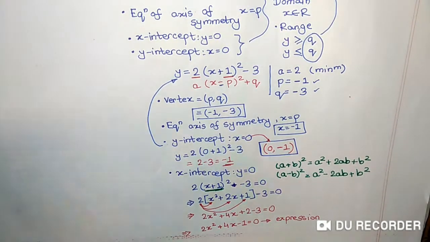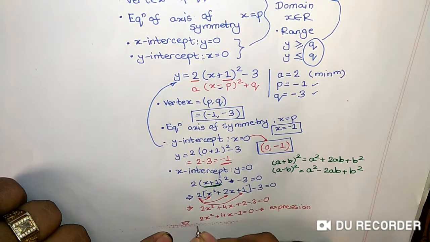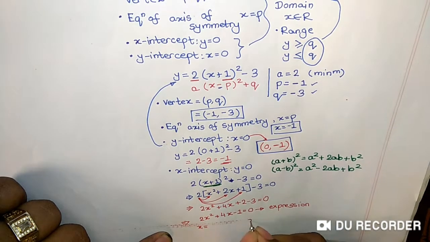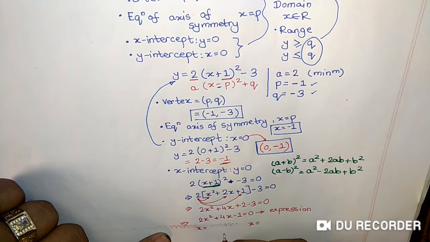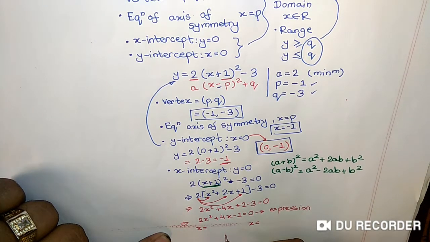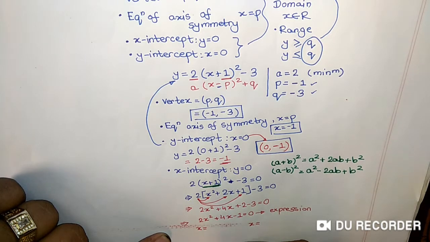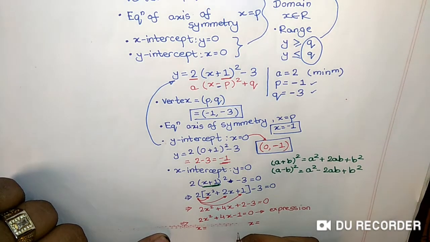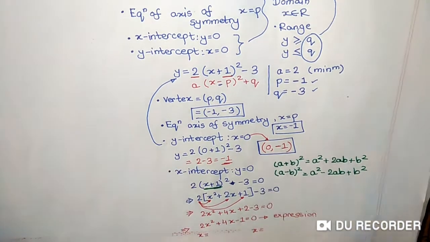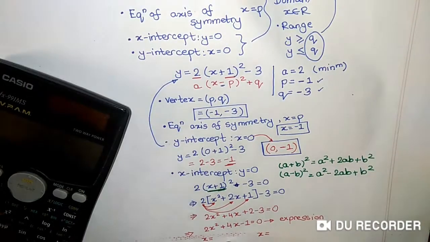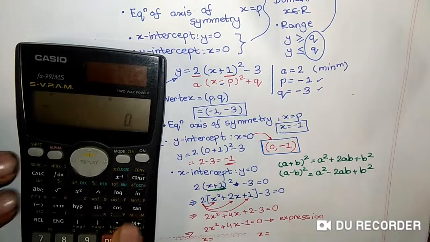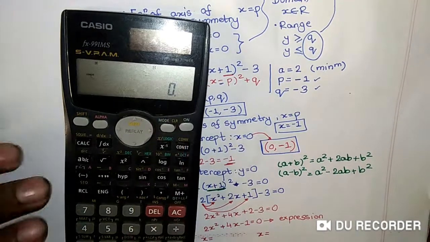As we do that, we will get two values of x. So right now we got this as an equation and we're going to put it in the calculator. So let me show you how this is done.